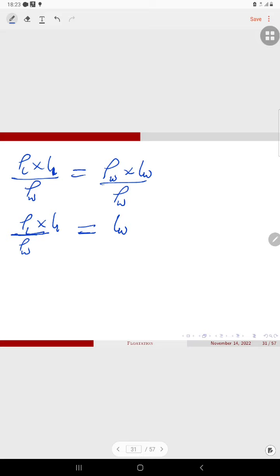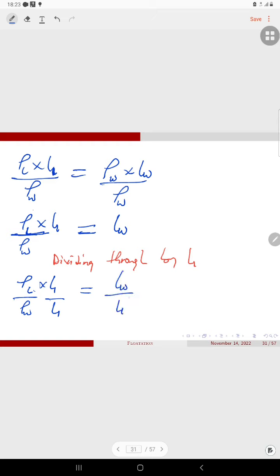So how do I get this? I need to let this one stand alone. I am making this one the subject. So how do I let this one stand alone? I have to divide through by LL, which is multiplying. Okay? So let us divide. Dividing through by LL, what do we get? We are going to get rho L over rho W times LL over LL equals LW over LL.